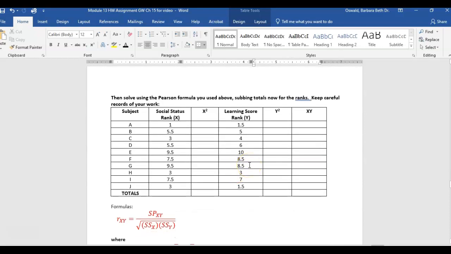Then once you fill in all of these rank orders, you're going to have these social status ranks by subject matched with their learning rank score by subject so that their actual scores are staying together and you can run a correlation.